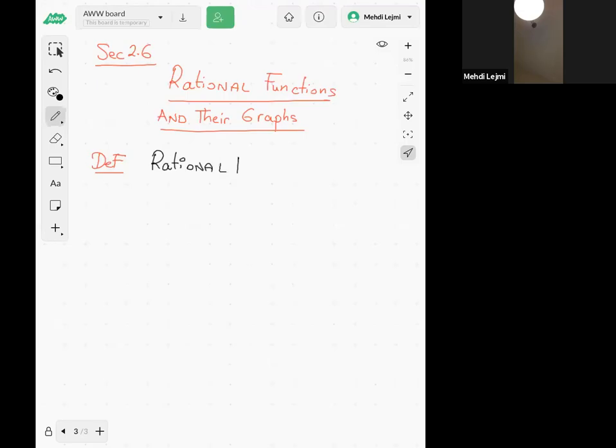So rational functions are quotients of polynomials.